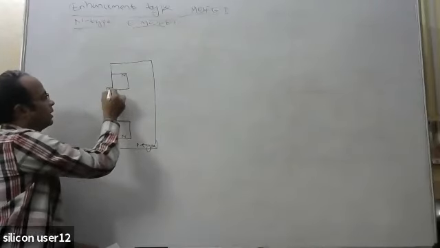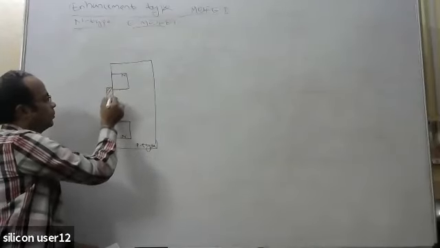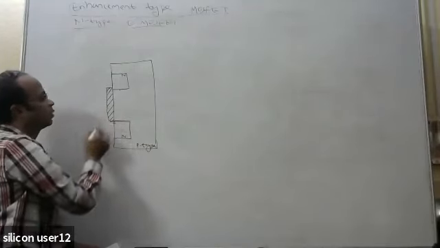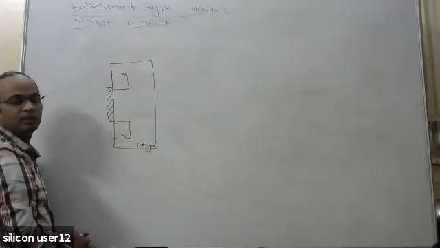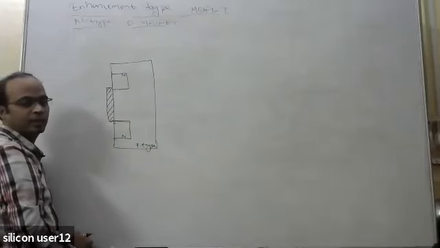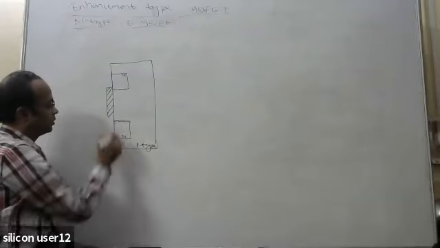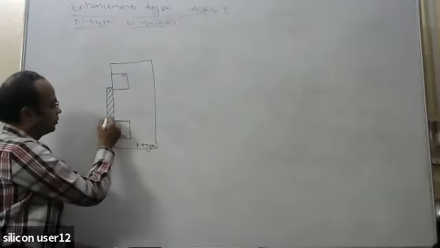This is an insulating layer. It is created using which material? The insulating layer is created using which material? Already I have told you.